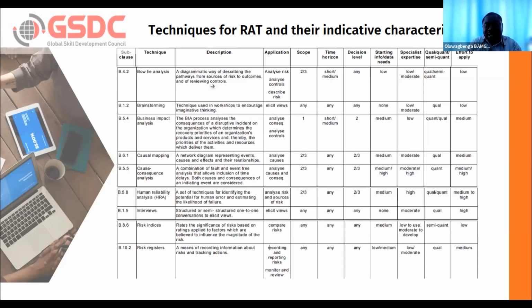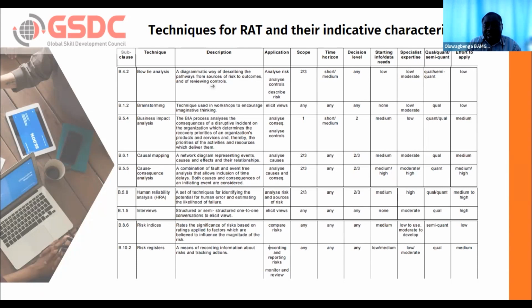It analyzes for us the consequences and controls, and I will also add the impacts. If I have the opportunity, I'll send that addition to the ISO technical committee that worked on this document. I want to add: analyze the consequences, analyze the existing controls, and of course the impacts.